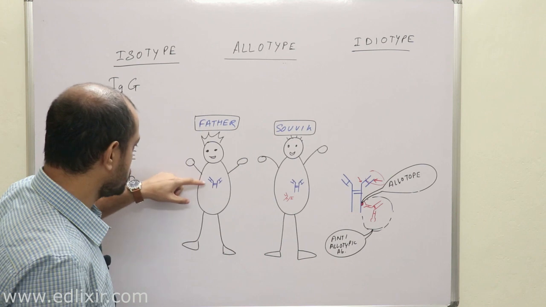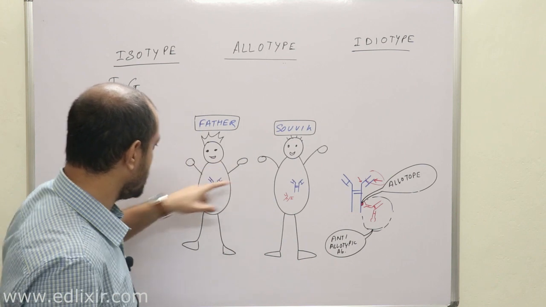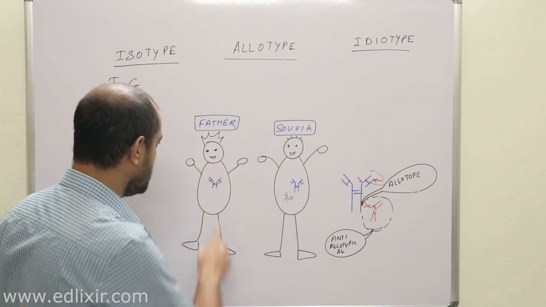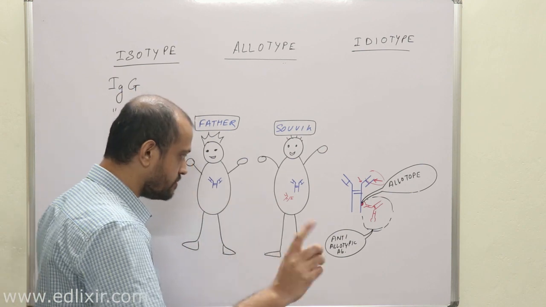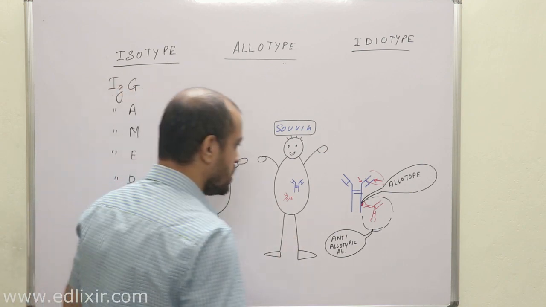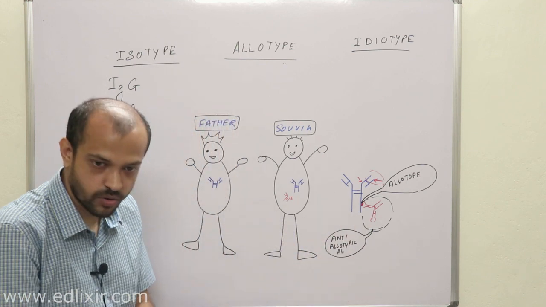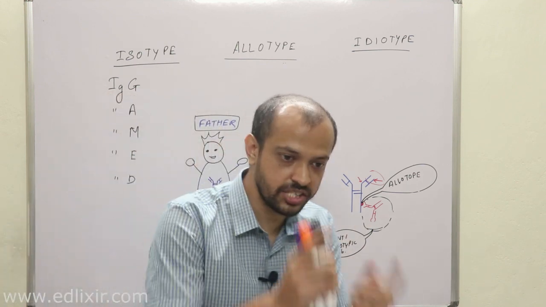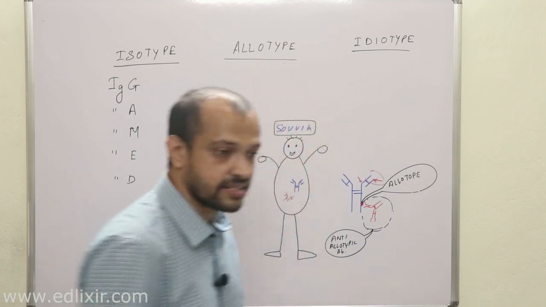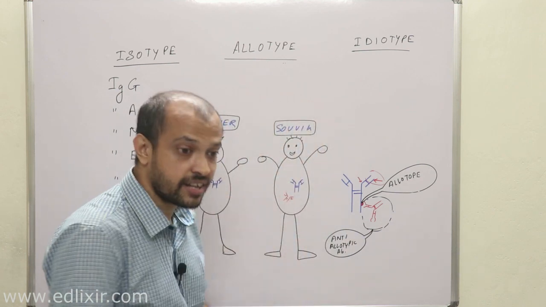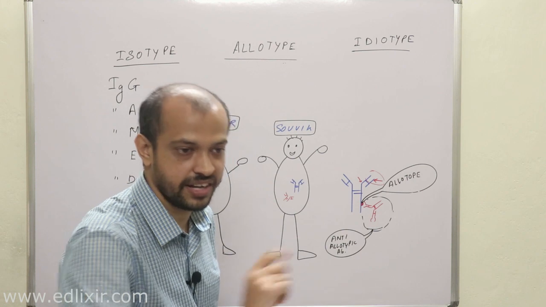If he introduces his antibody into my body, the most important thing to understand is this: my father and I will have the same type of heavy chains, and similar types of Ig domains, no doubt about this. But my father and I have subtle differences in the variable region of the heavy and light chains.